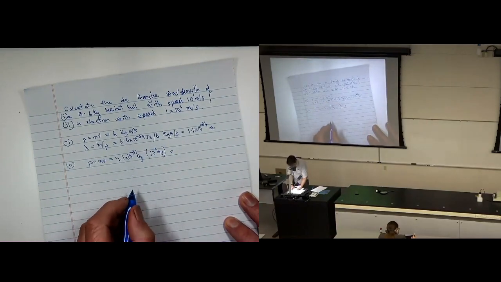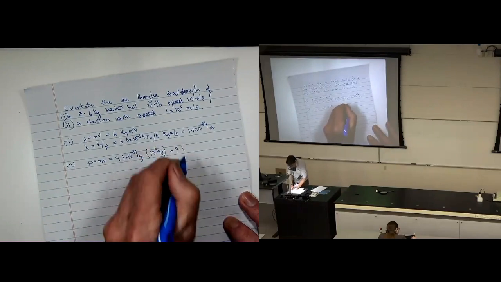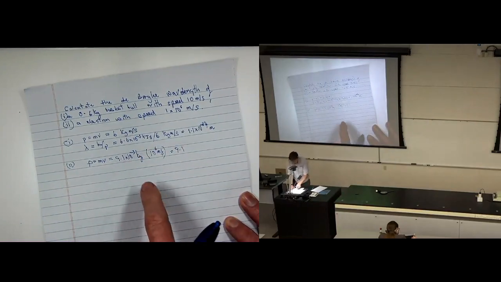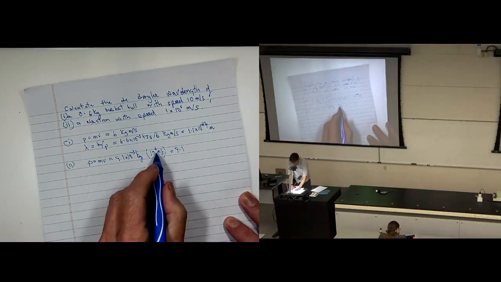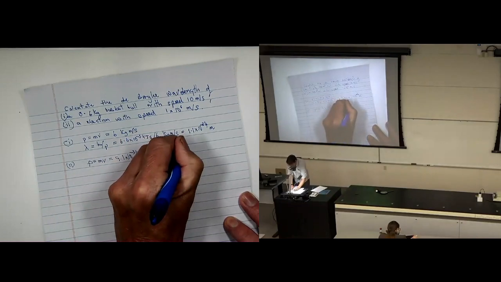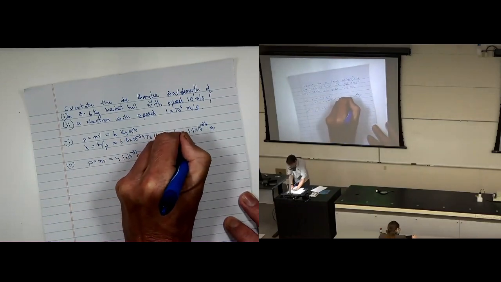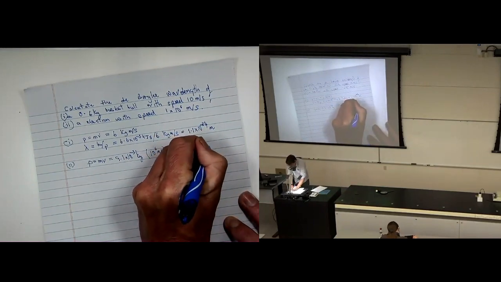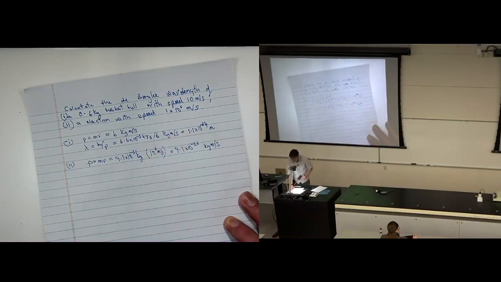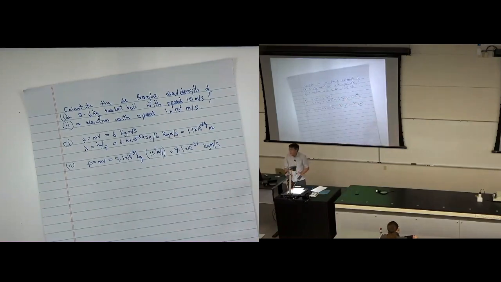It's going to be 9.1, because 1 times 9.1. We got a power of minus 31, and a power of 6 here. And so this is going to be times 10 to the minus 25. And this is kilograms meters per second. So that's the momentum of our electron.